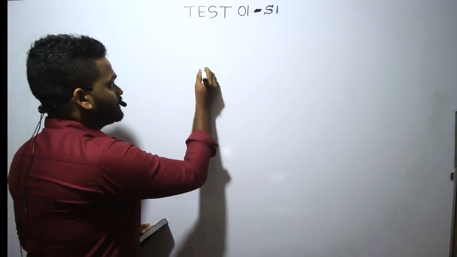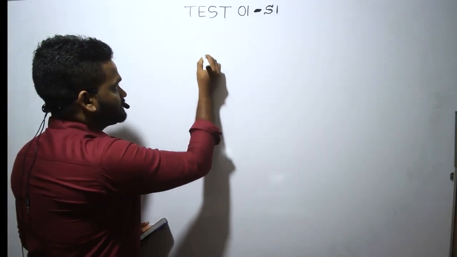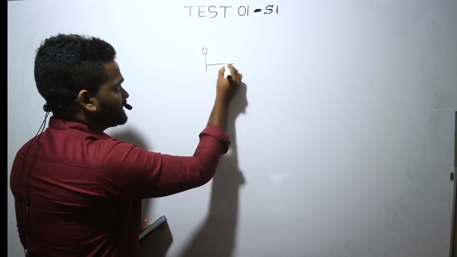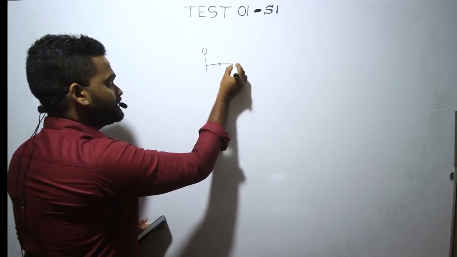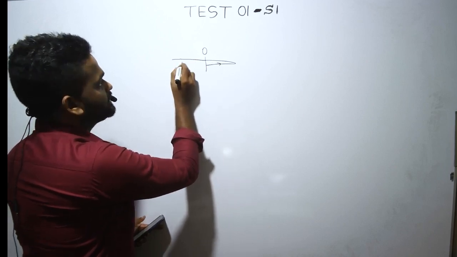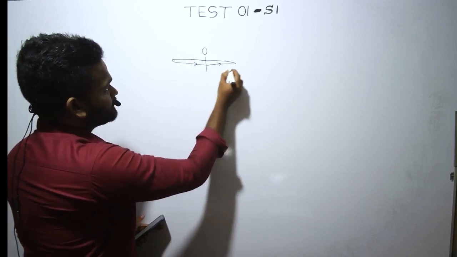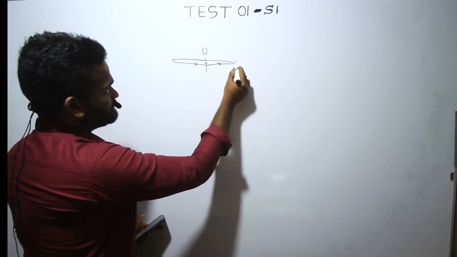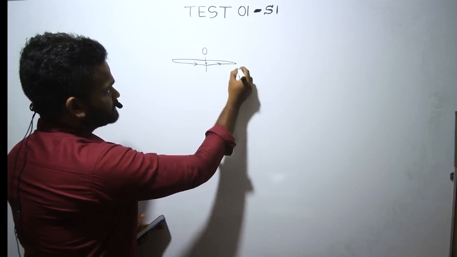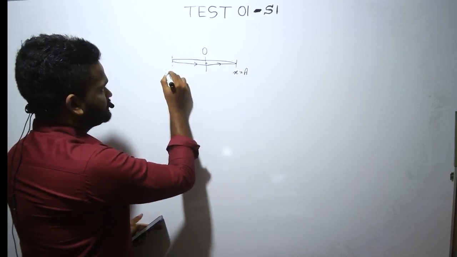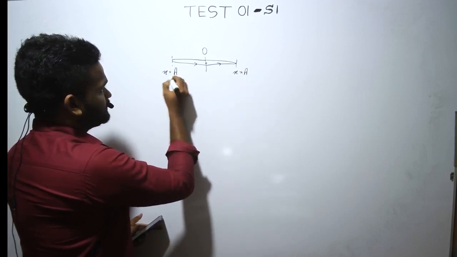So let's say this is the center, that is O. So simple harmonic motion occurs like this, right? Goes to this side, comes back to the center, goes to this side, and comes back to the center. So amplitude is what we call the maximum displacement from the center. So here it is A, and the other side also has the same amplitude, right?